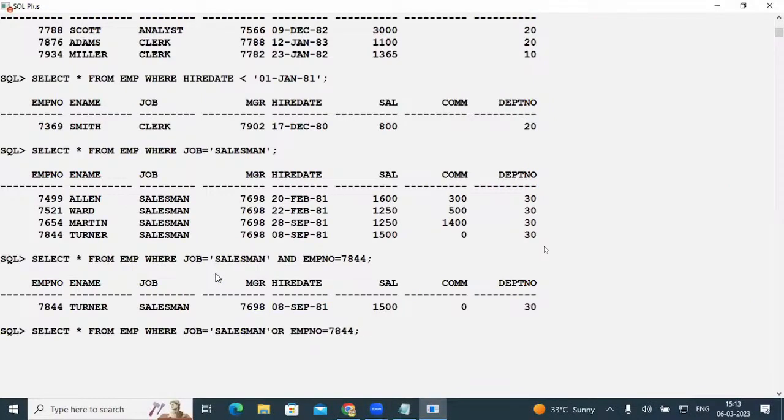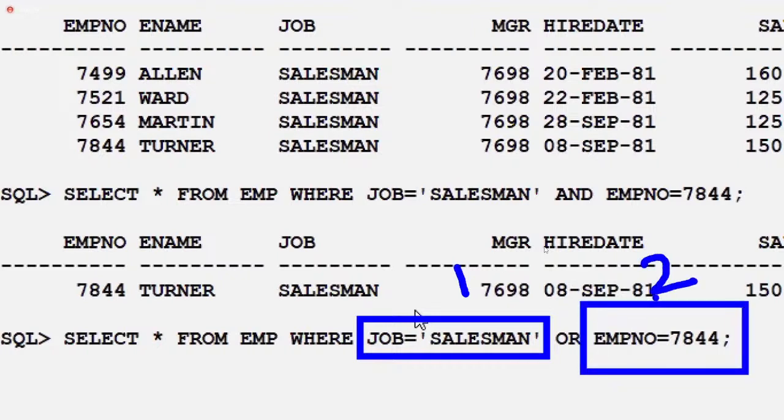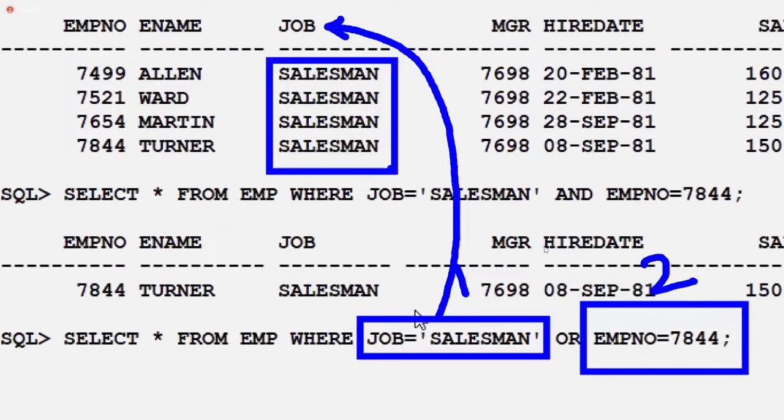what it is checking, different rows are checked. Now here I'm using the OR operator, what happens, observe carefully. This is one separate condition. This is one separate condition. So this condition will go and check your table's job column. However many people satisfy this condition, all of them will come to you.